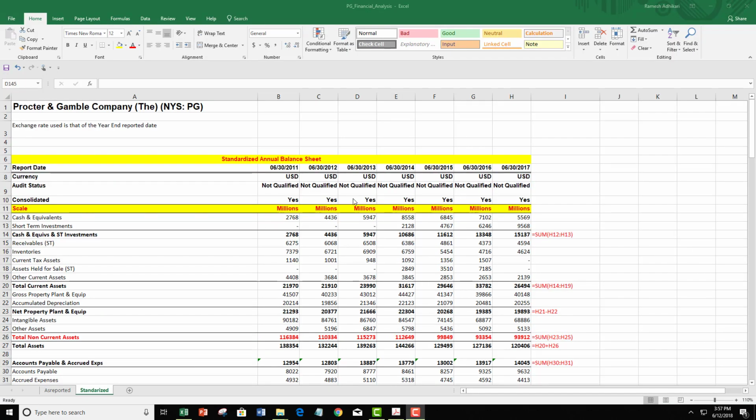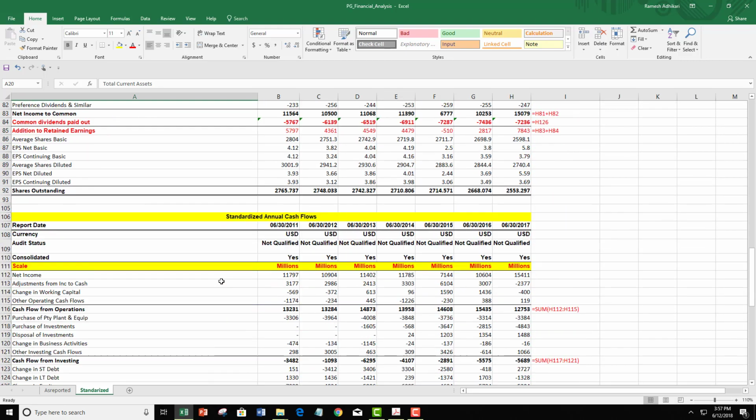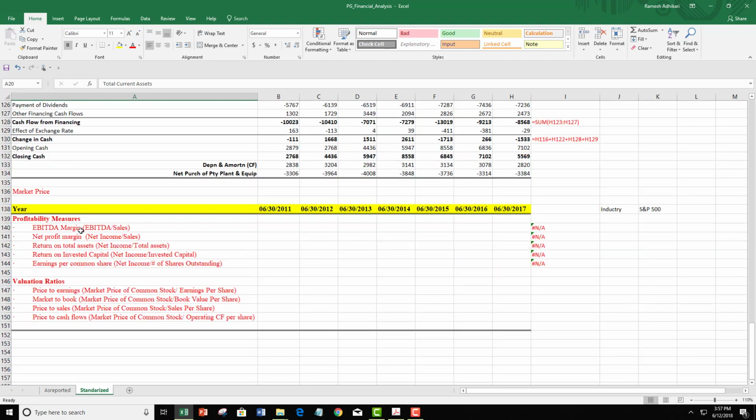I'm going to use Procter & Gamble's standardized financial statement, which I worked on in part 1 as well. To begin with, open this Procter & Gamble's standardized financial statement and write down all the ratios that I have asked to compute in part 2 of the project.